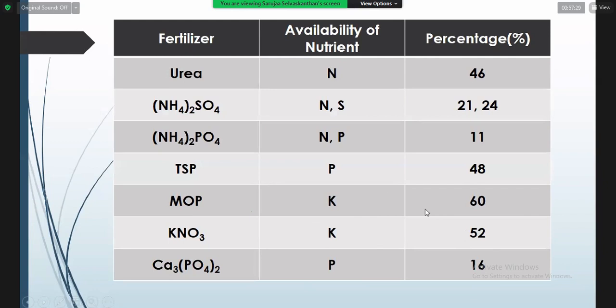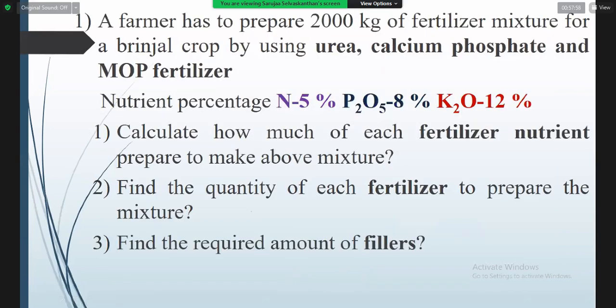That's why we can apply a small amount of potash. In your cultivation, as farmers, you know you apply potash in a small percentage because it has a high percentage, so a small amount is enough. Then KNO3 is 52%. Then calcium phosphate is 60%. Okay, these are important things. If you have any doubt, please ask. Otherwise, we can move to the next one.